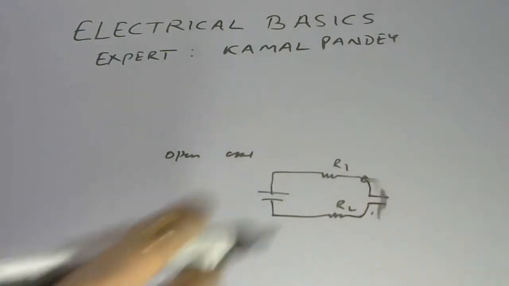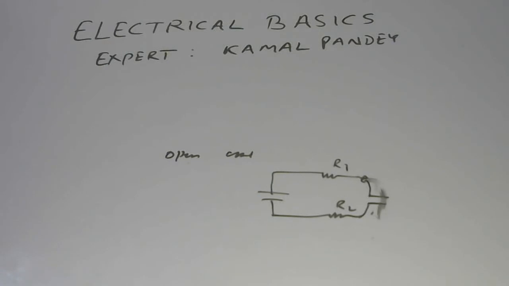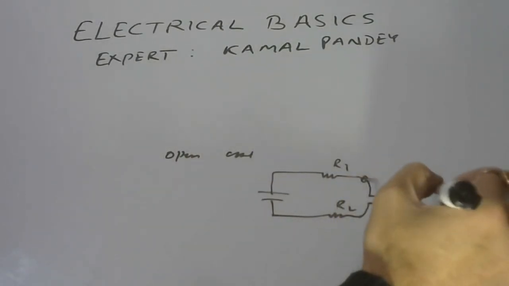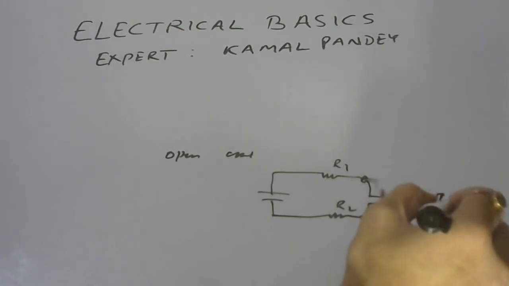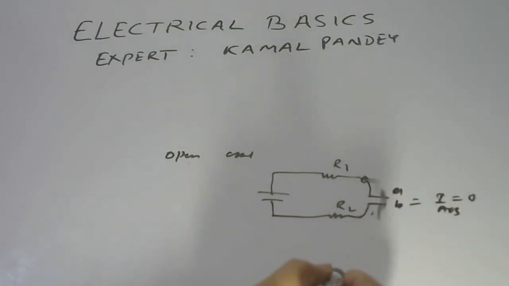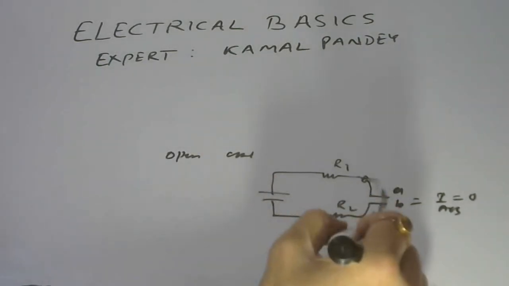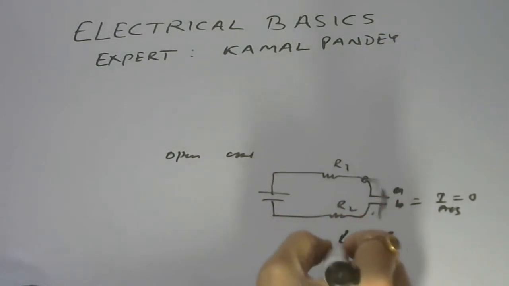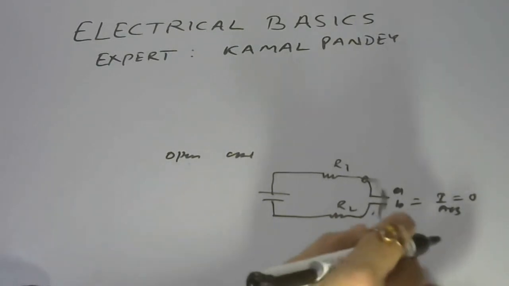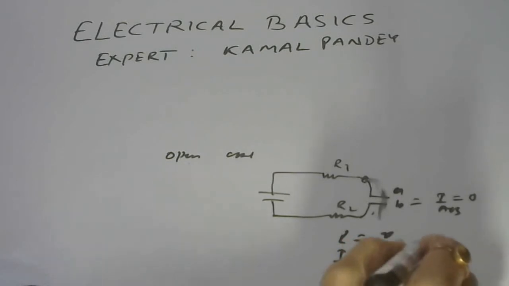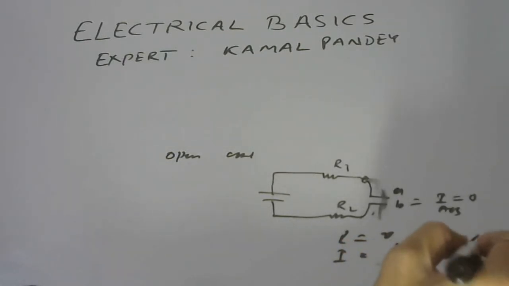As we have just discussed, in open circuit condition current becomes 0. Let us take the AB terminal, I equal to 0, IAB equal to 0. And since R equals infinity, I equals V upon R AB, that is V upon infinity, that is equal to 0.